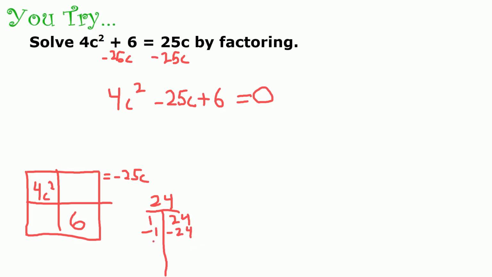I could keep going. I could do 2 and 12, negative 2 and negative 12. But these factors add up to be negative 25. So I put negative 1c here, negative 24c here.